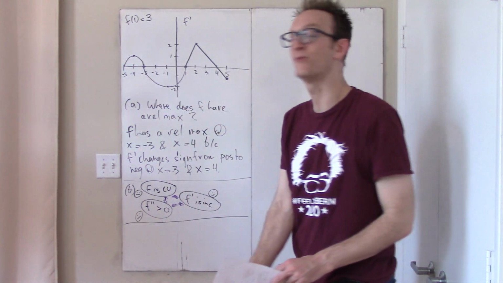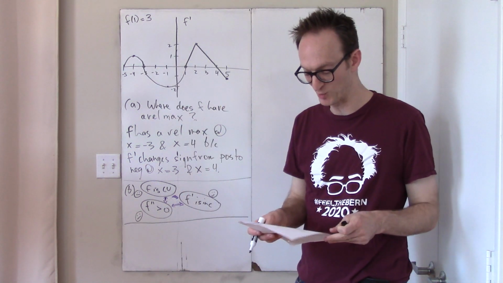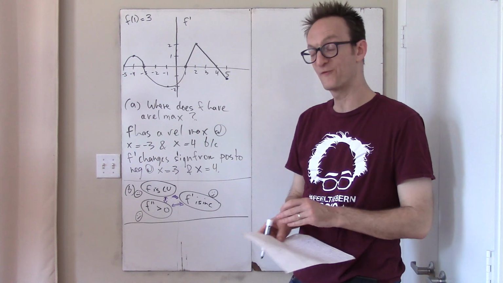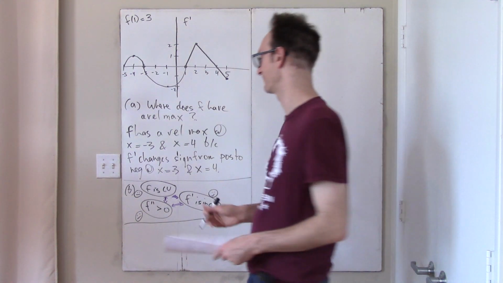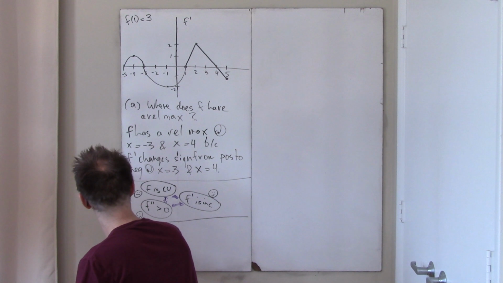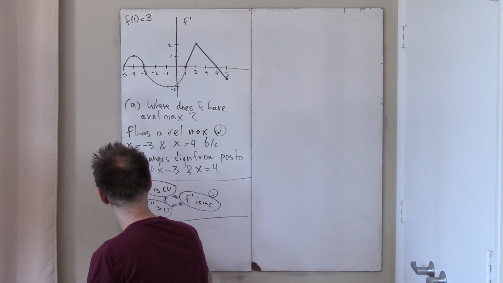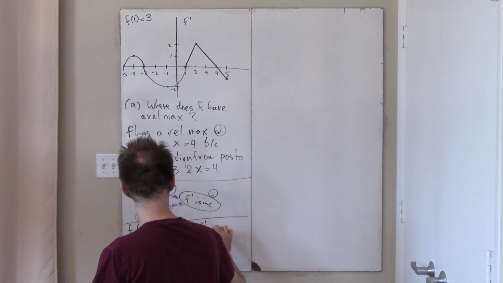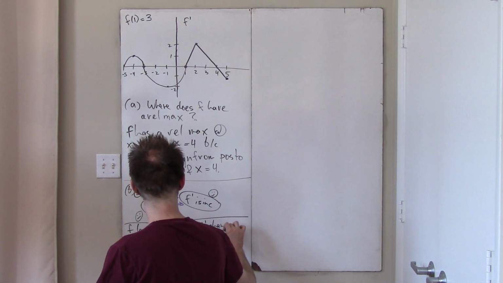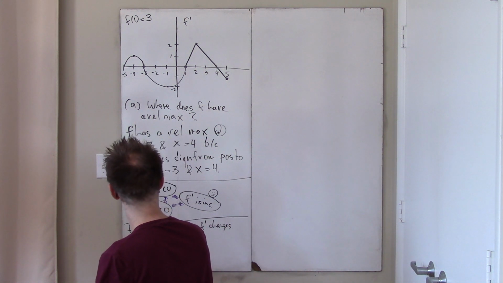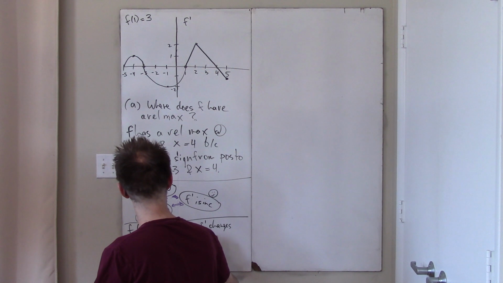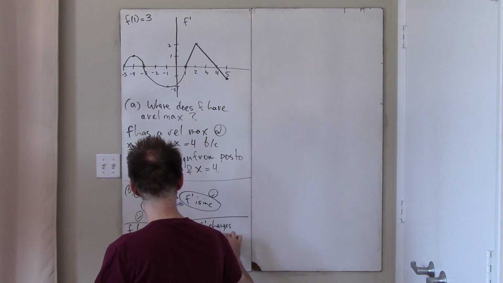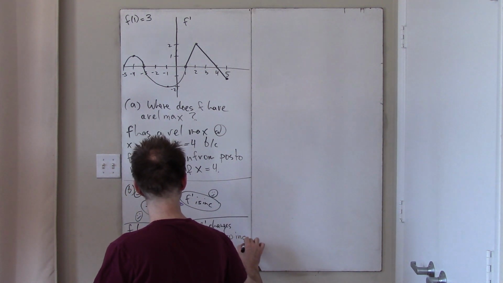Therefore, if we're looking for a point of inflection, maybe I'll even just write this. f has a point of inflection where f prime changes from increasing to decreasing or decreasing to increasing.